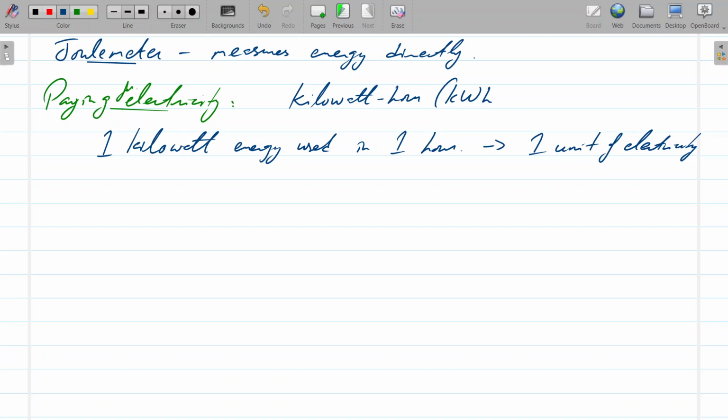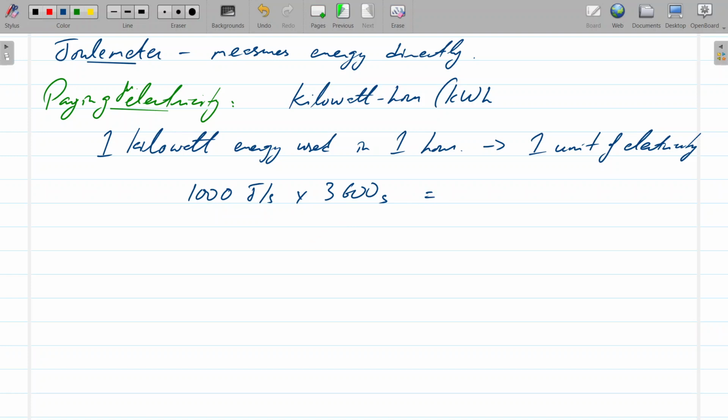So how do we break that down? 1 kilowatt hour, so that's 1 kilowatt, which is 1,000 joules per second, times an hour. If we convert an hour into seconds, we get 3,600 seconds.